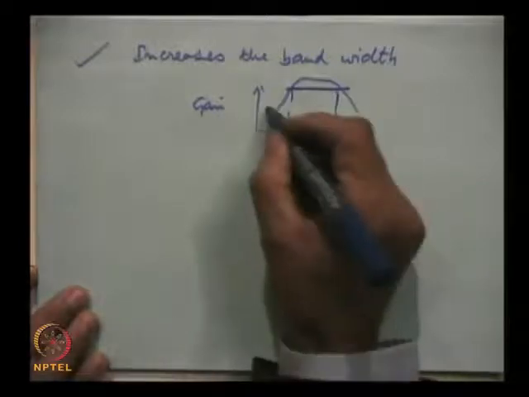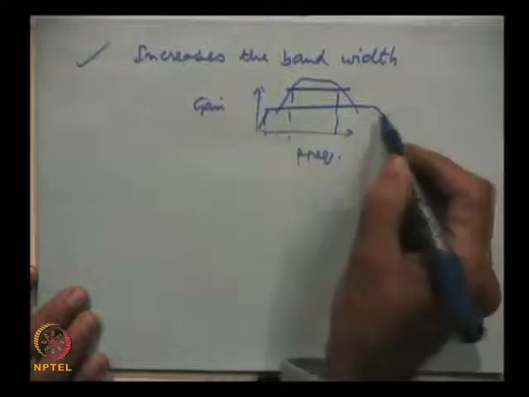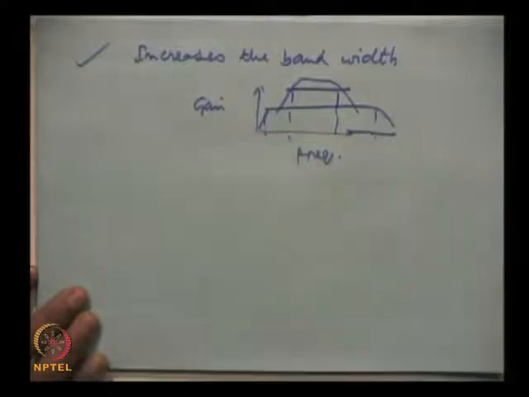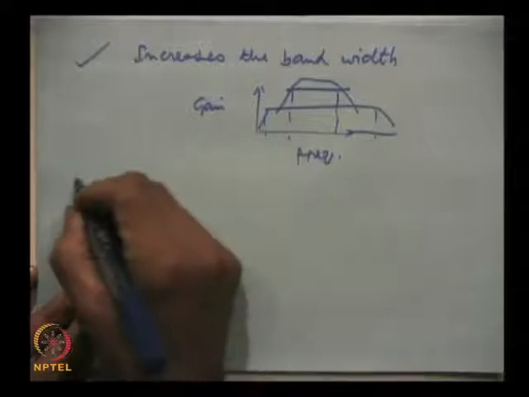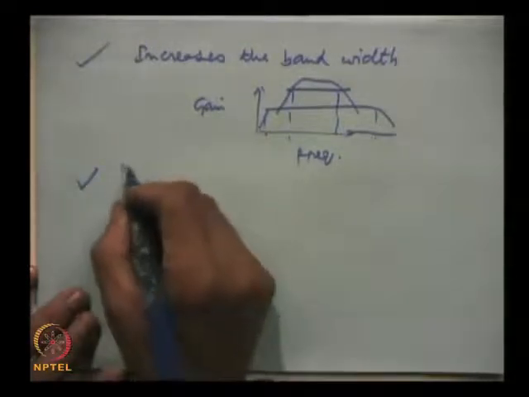This bandwidth can be increased by incorporating negative feedback. So which is the requirement? In some applications like television and similar, there are situations where we require large bandwidths. So how do we achieve it? We achieve it by incorporating negative feedback.